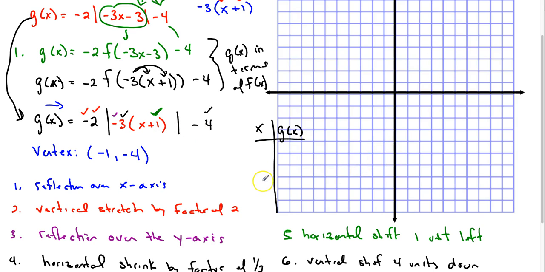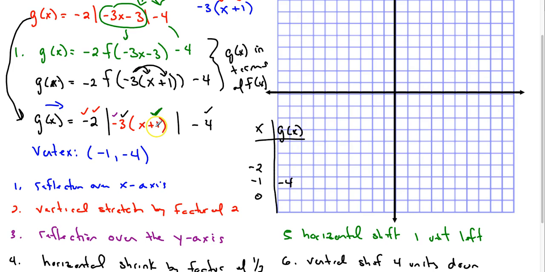My vertex. My vertex is, we said already, -1, -4. I'm going to go 1 unit lower, to -2, and 1 unit greater than -1, and these values will both have the same y value. It doesn't matter which equation I plug into.